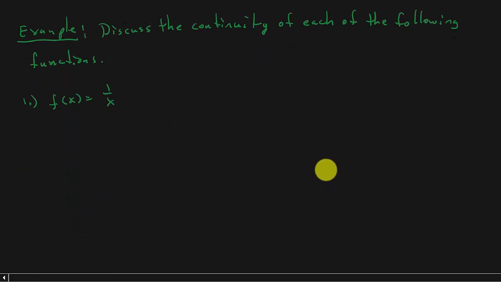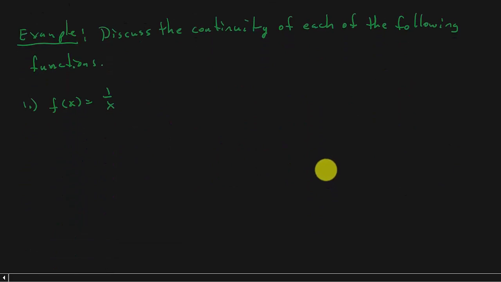All right, so here they want us to discuss the continuity of each of these. So for this one, let's basically show that it's discontinuous at some value. Okay, and we all know here that f of x equals 1 over x.